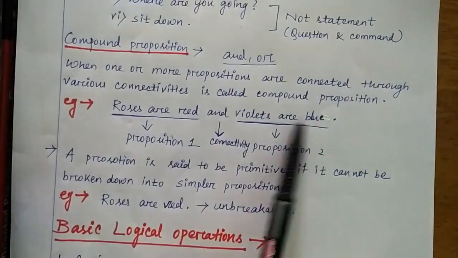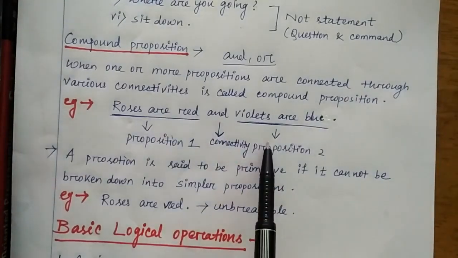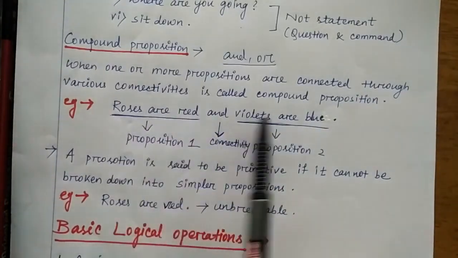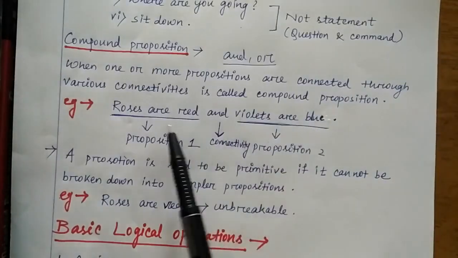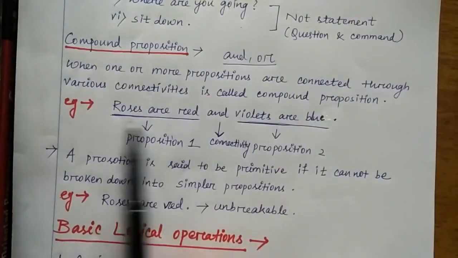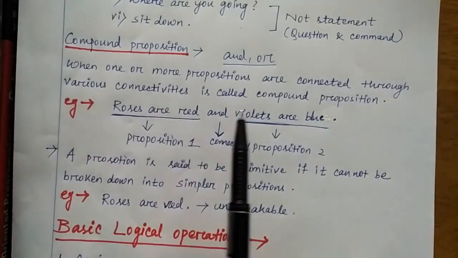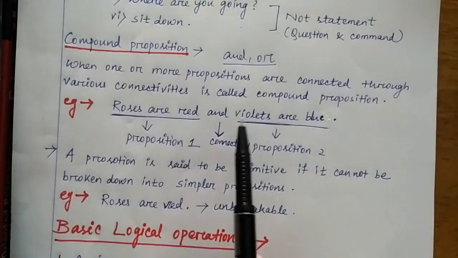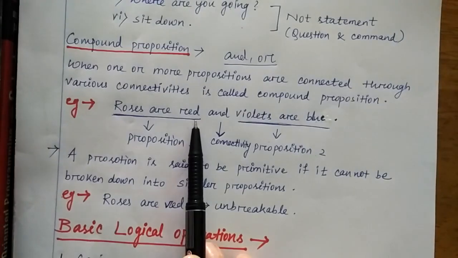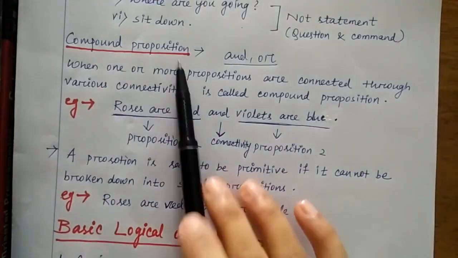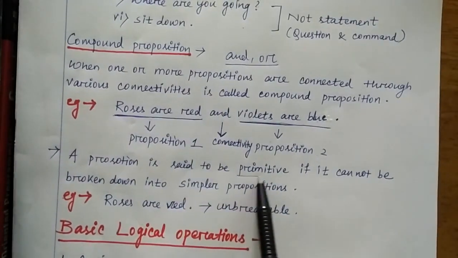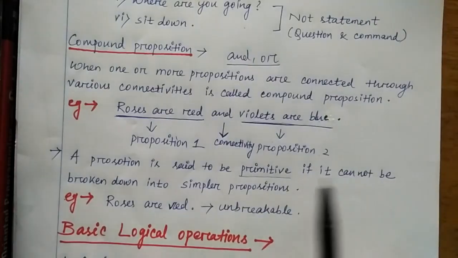A compound proposition can be broken into two different propositions, but when you take only roses are red, can you break it into two parts? No, that is not possible. That is why roses are red is a single unbreakable proposition, called a primitive proposition.